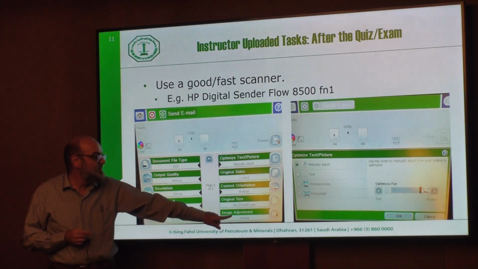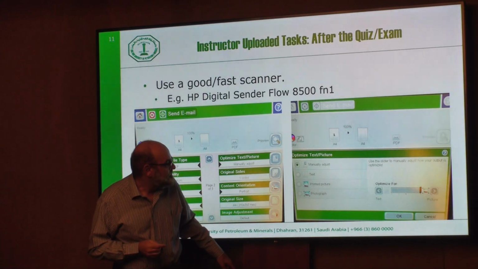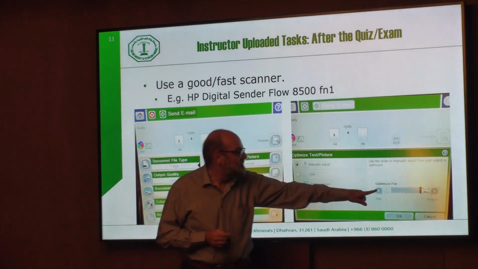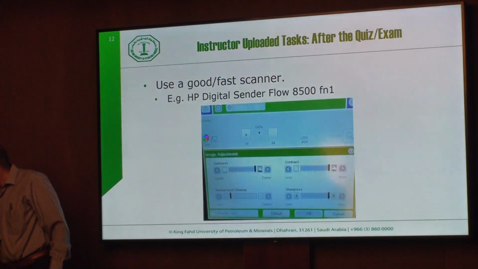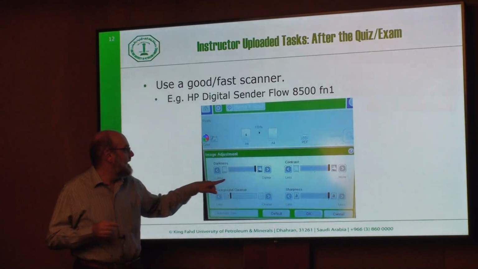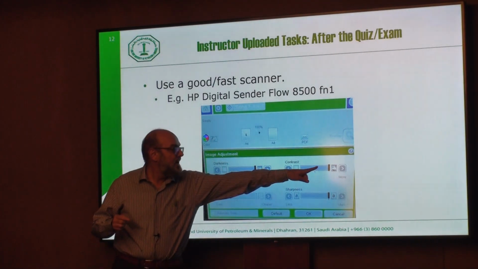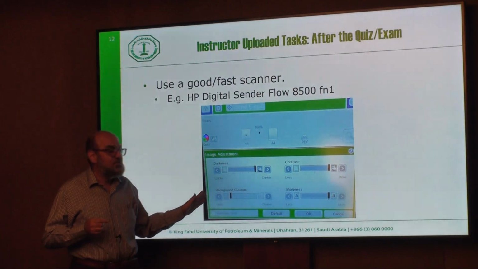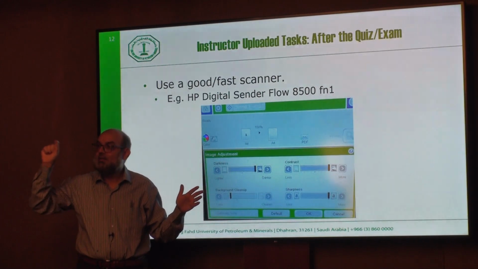Then I press image adjustment. This is the optimized text and picture, and you can see that I'm putting it all the way to the picture. As you can see, I put it to the darkest, and the contrast to the maximum, and background cleanup to the minimum, because I want to keep everything on the page, even the things that the student might erase.